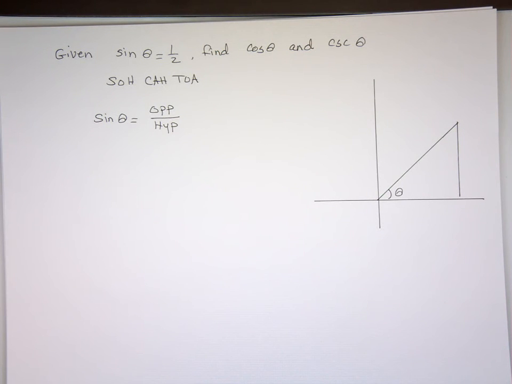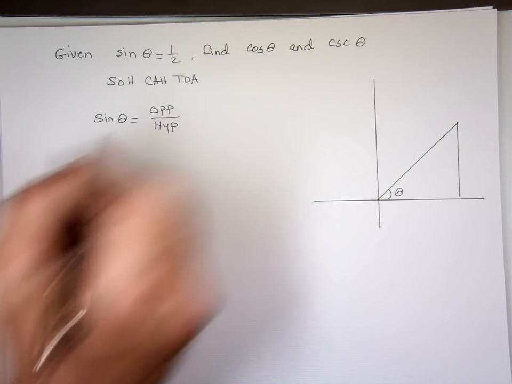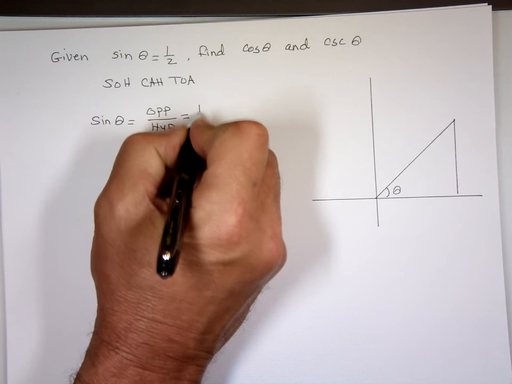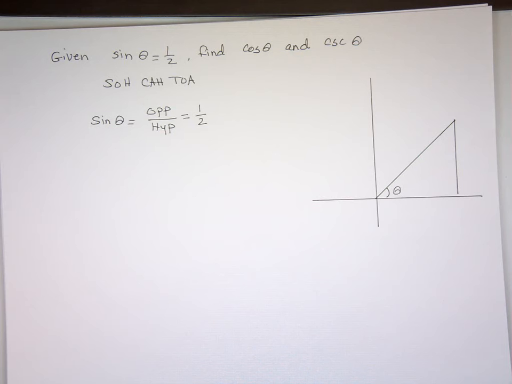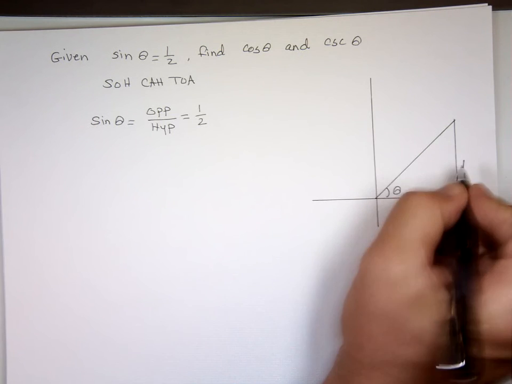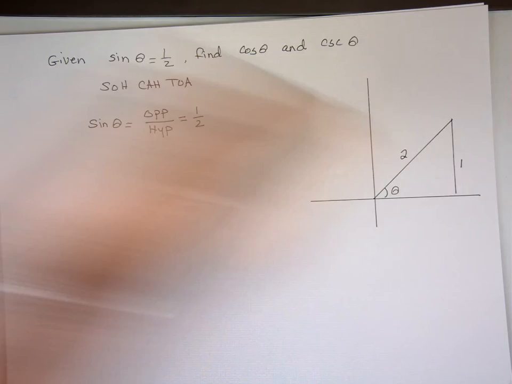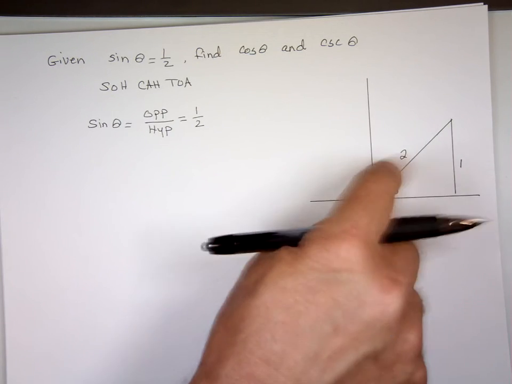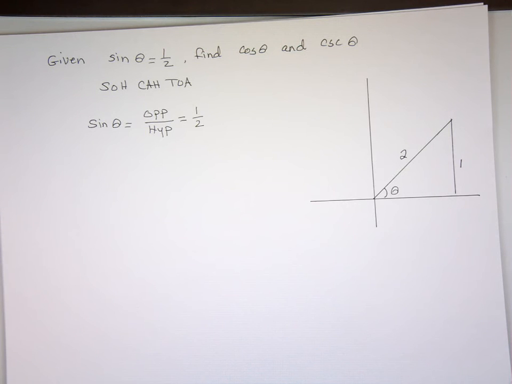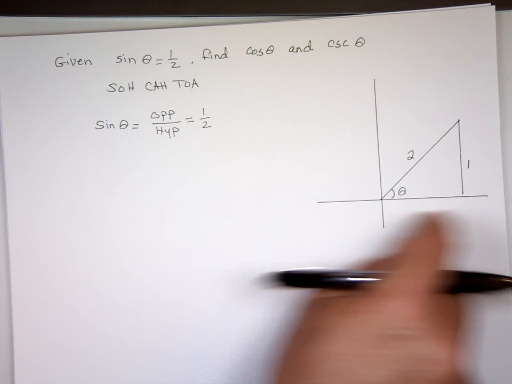And it's equal to what? 1/2 in that problem. That tells me what? This side is 1 and this side is 2. That's your opposite. This is your hypotenuse. Can I figure the third side? Pythagorean theorem.